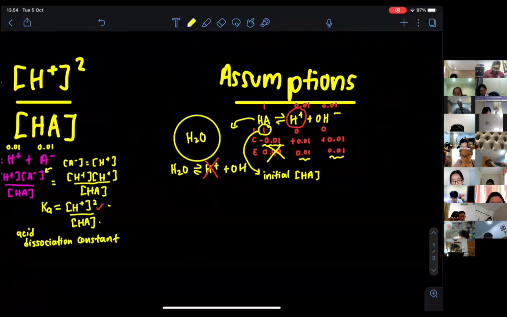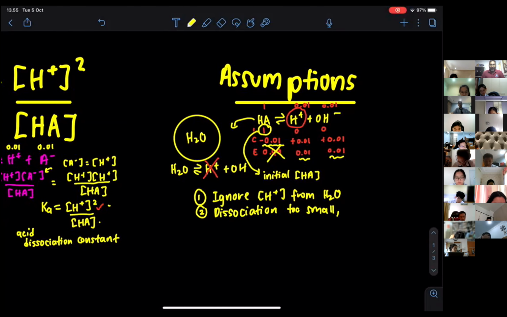Practically, it's not true; it is dissociating, so I'm actually saying it's too small. Therefore, we take the initial concentration of the acid. It means we assume there is no dissociation, which doesn't make sense, but it's too small.